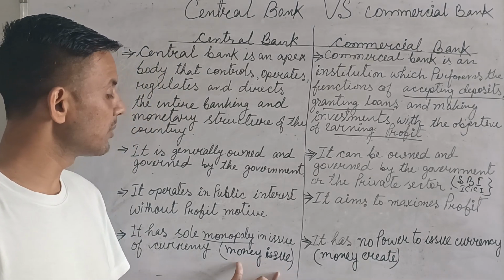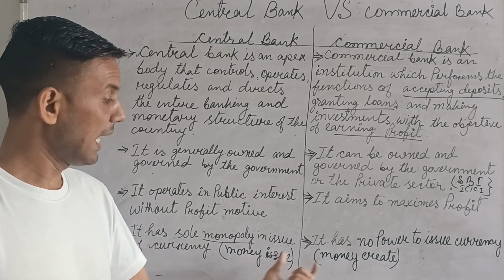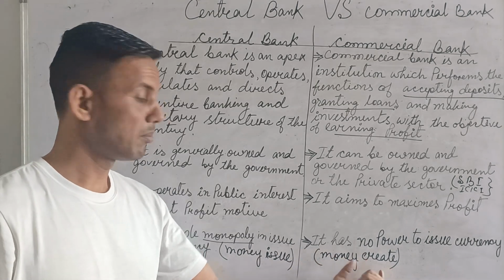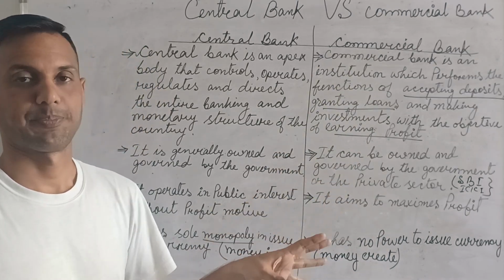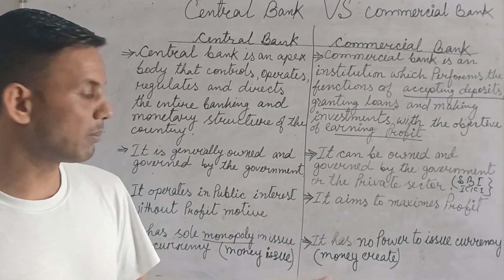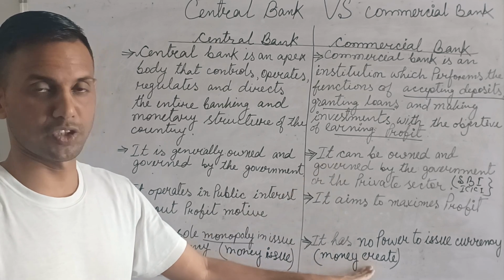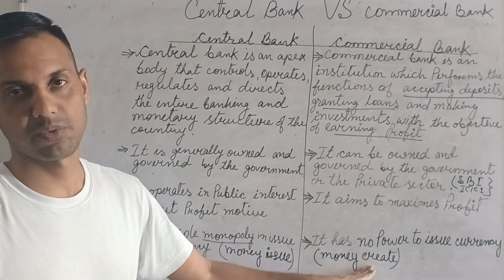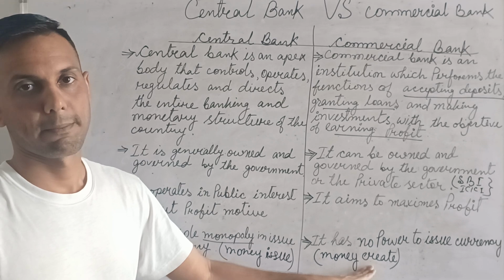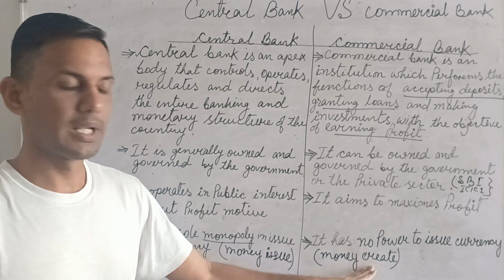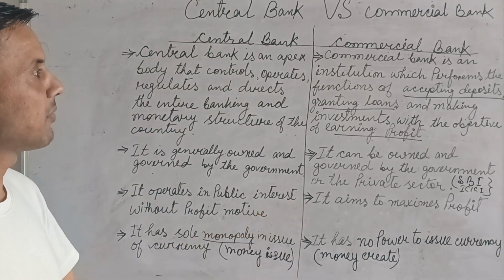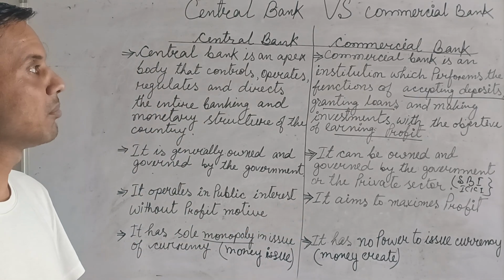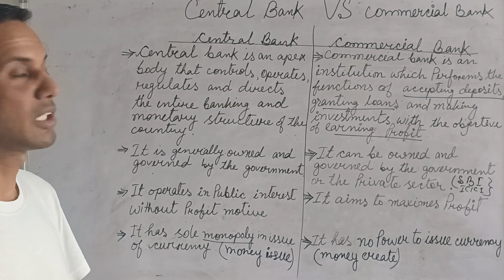Money issue is when RBI issues new currency, and money creation is when commercial banks provide or advance loans to the public. We already discussed this in our previous video. Clear? These are the main differences between a central bank and a commercial bank.